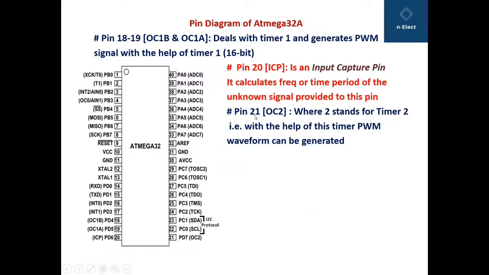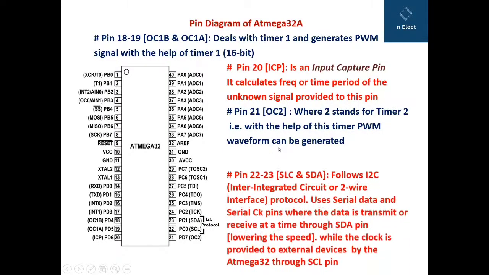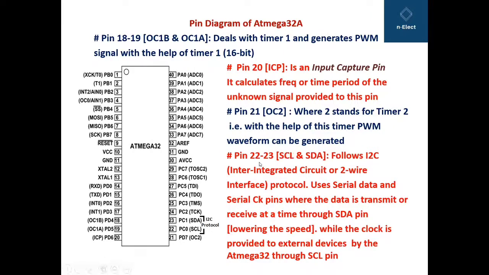Pin number 21 is OC2, where 2 stands for timer T2. With the help of this timer, a pulse width modulated waveform can be generated. Pin number 22 and 23 are the SCL and SDA pins. They follow I2C, that is, the inter-integrated circuit or two-wire interface protocol.